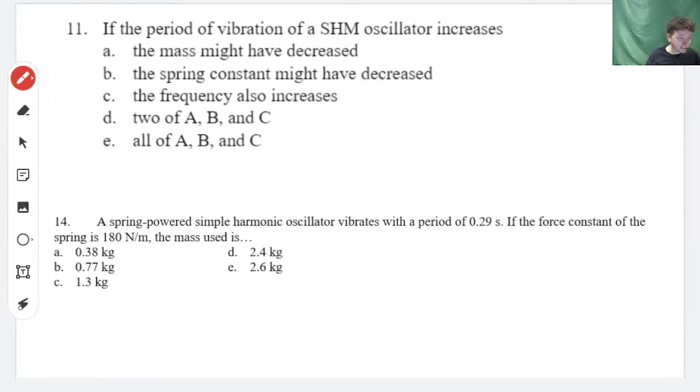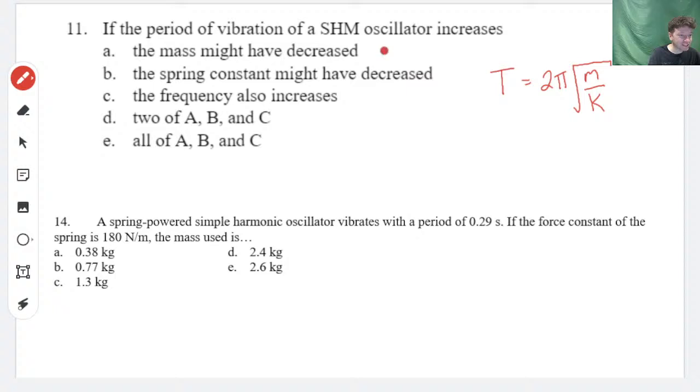Next, we got springs and simple harmonic motion. If the period of vibration of a simple harmonic motion oscillator increases, so if you don't have the equations memorized, the period is 2 pi times the square root of the oscillator's mass divided by the spring or force constant k.